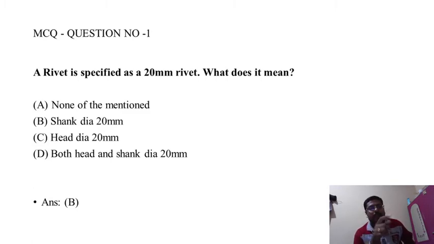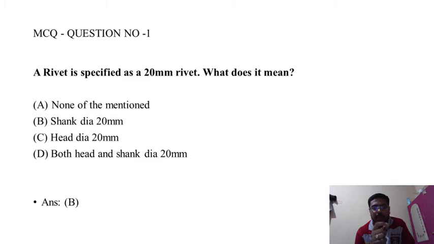A rivet is specified as a 20 mm rivet. What does it mean? Option A, none of the mentioned. Option B, shank dia 20 mm. Option C, head dia 20 mm.